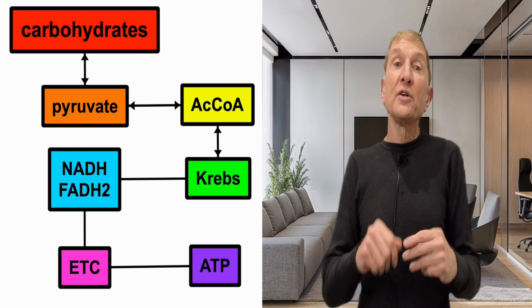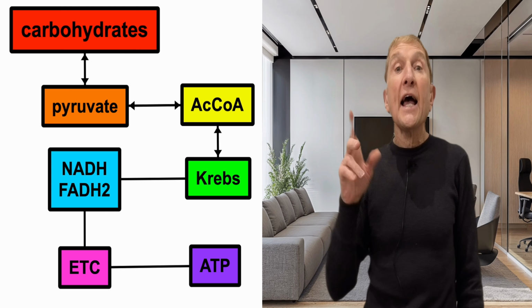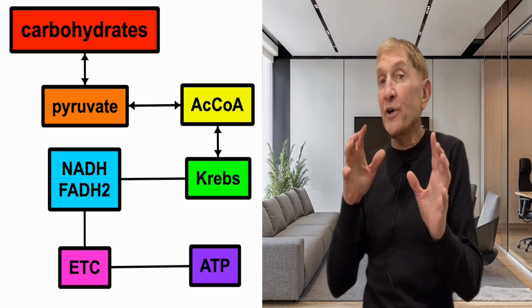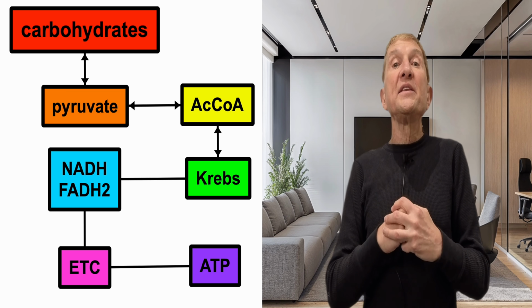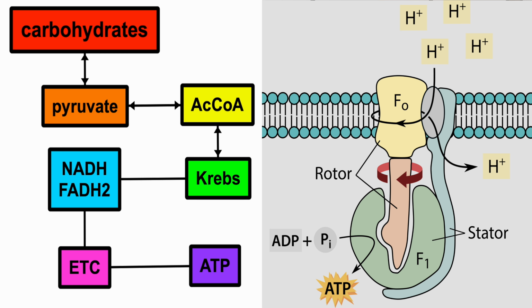The Krebs cycle generates NADH and FADH2, and they drive the electron transfer complex in the mitochondria, at the end of which ATP synthase generates ATP. ATP is the fuel for metabolism.